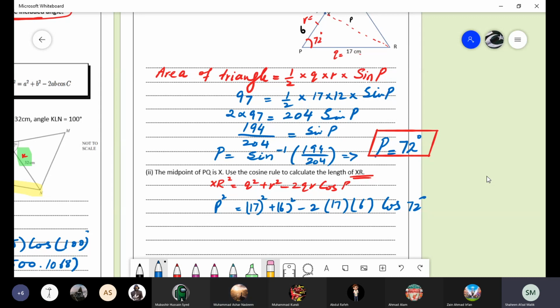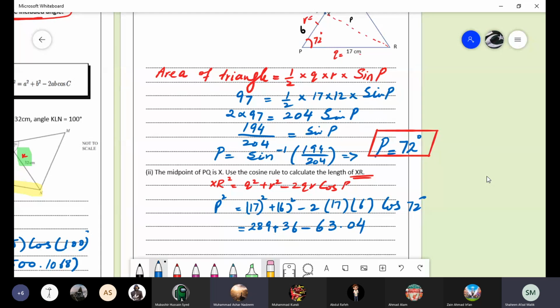What is this? 17 square, 289, plus 36, minus 2 into 17 into 6 into cos of 72. Ma'am, 63.03. Very good. 63.04 can we write, because after 3 there is 9.